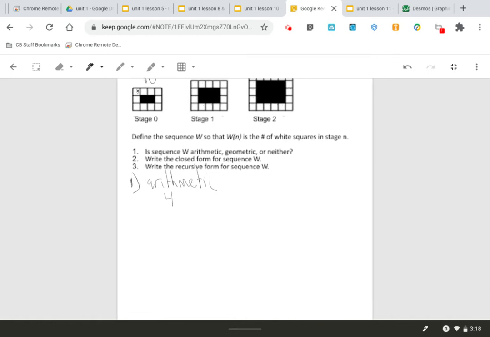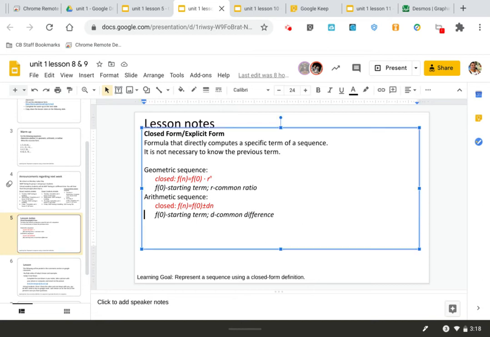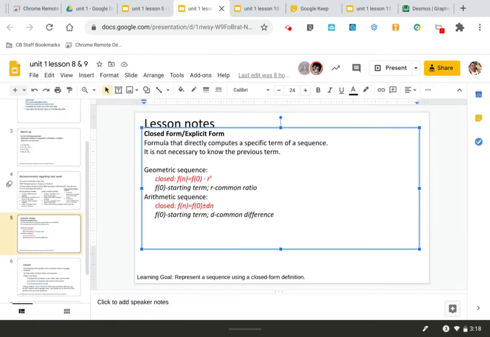So let's answer number 2. Write the closed form for sequence W. So remember the closed form, we did that last week. So we say that sequence W is an arithmetic sequence, so we're going to use this formula right here. In this particular one, we're going up by 4 each time, so we're going to choose the plus.